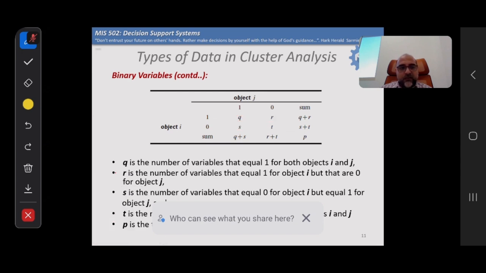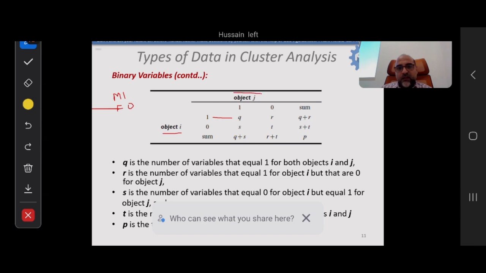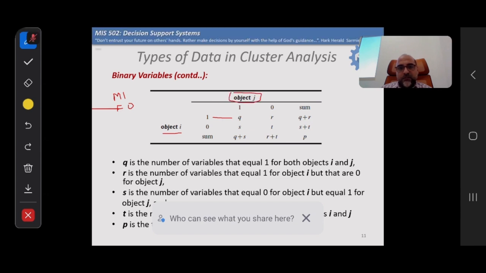So imagine we have one of the characteristics, male, and you say male is one, female is zero. Now, if the first person is male and the second person is male, it means that you're looking at 1 and 1.